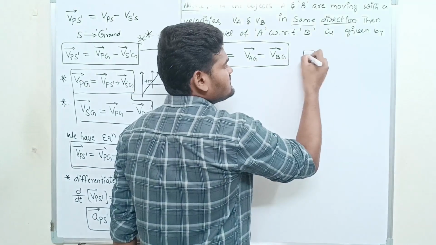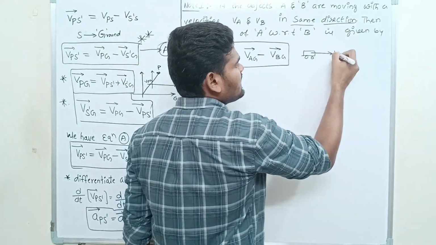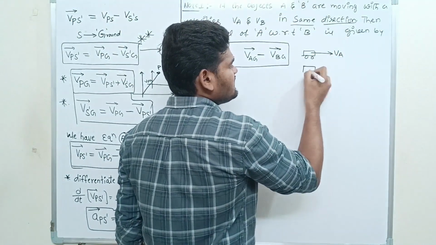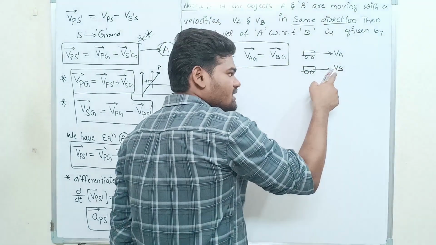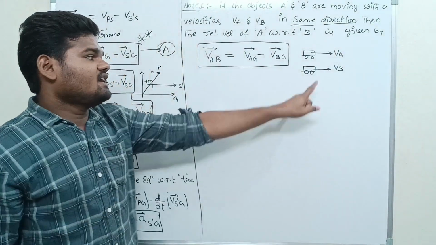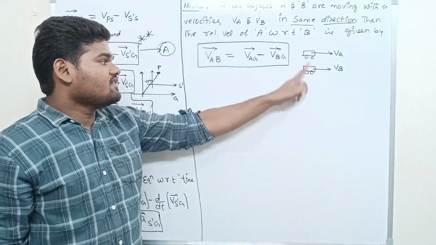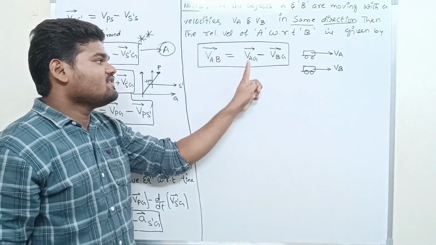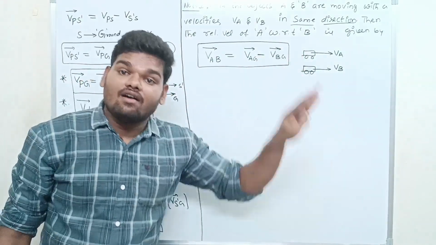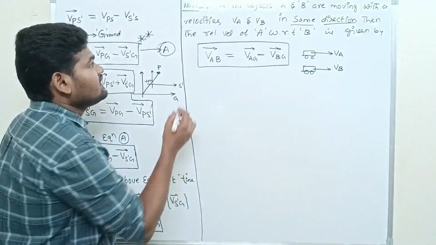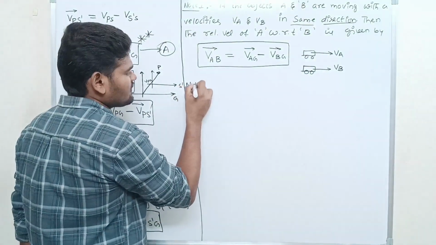That means this is the first car, moving with velocity VA, and this is the second car, also moving with velocity VB in the same direction. Then the relative velocity between these two objects is given by VA minus VB with respect to ground. These two objects are moving on the surface of the ground. Okay, right.